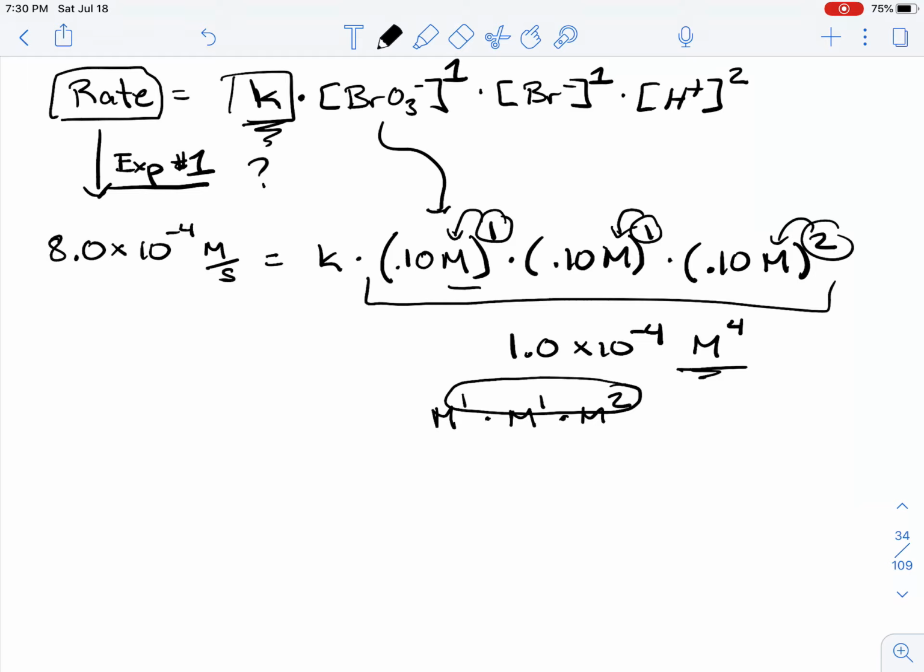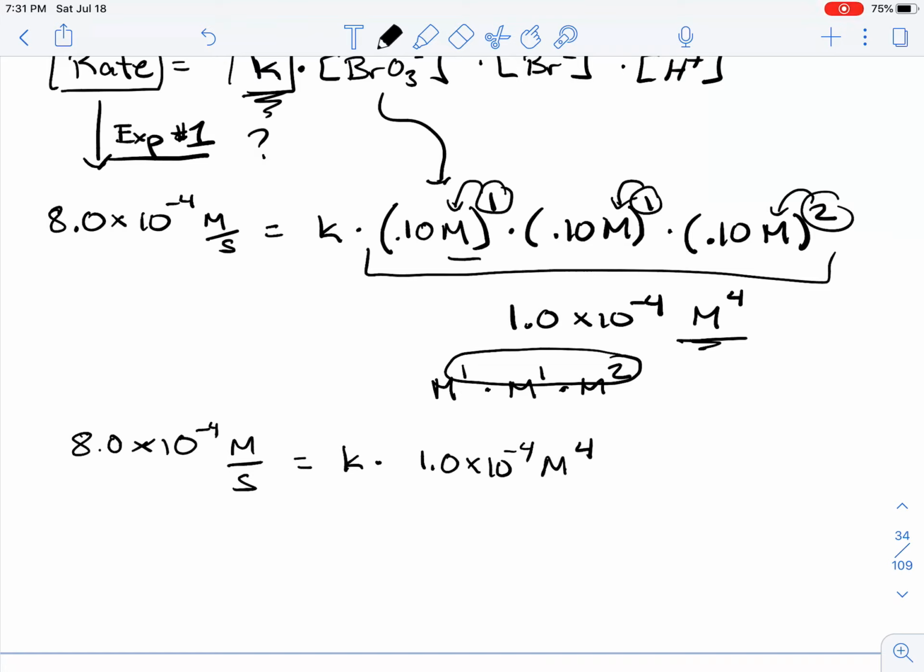And so if we have 8.0 times 10 to the negative 4 molarity per second, that equals the rate constant K times 1.0 times 10 to the negative 4 molarity to the fourth power. We're going to solve for K by dividing this 1.0 times 10 to the negative 4 to the other side.